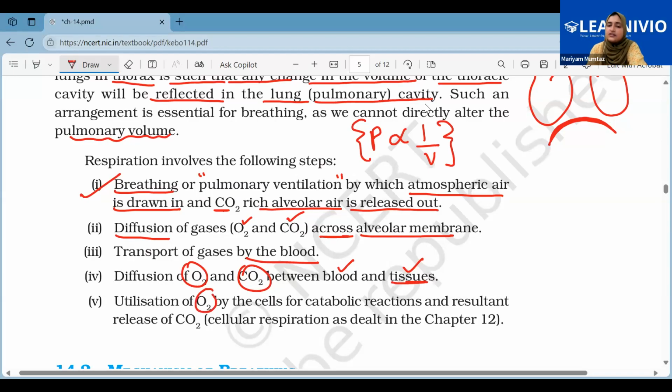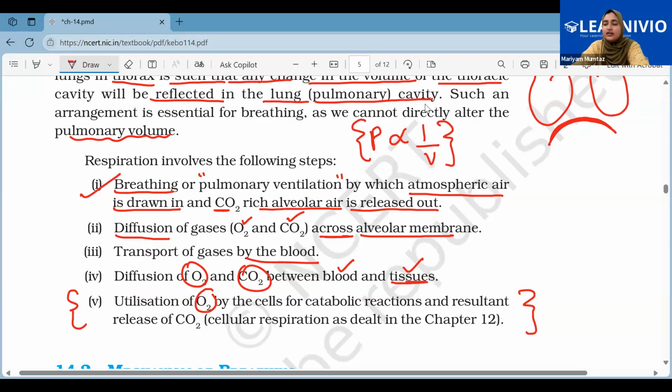Utilization of oxygen. Now this one is a different chapter. It's not in this chapter. When we break down biomolecules with the help of oxygen and we release energy, that is respiration, cellular respiration. Catabolic means any reaction which involves the breakdown of something. Bigger molecules broken down into smaller molecules, and it is accompanied by the release of a lot of energy.